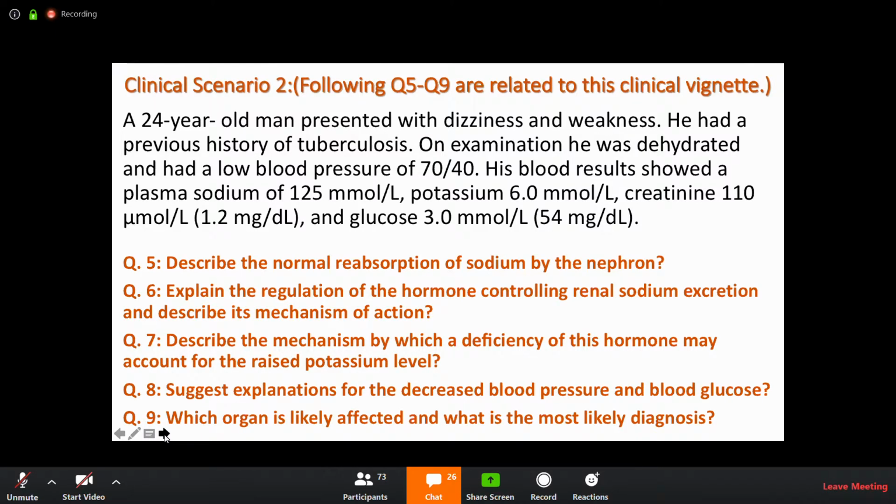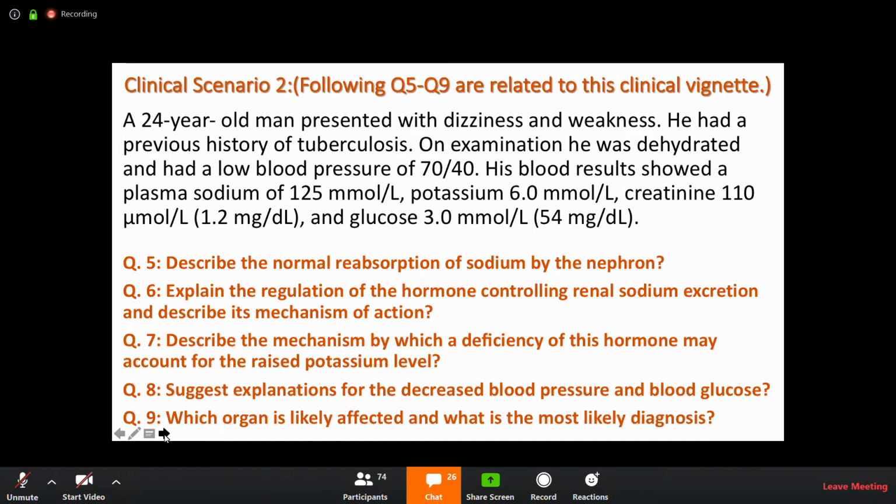In the proximal tubule, 70% of sodium is reabsorbed. The important thing here is that at the luminal site in the proximal tubule, sodium reabsorption is through a co-transport mechanism, and sodium is reabsorbed along with glucose, amino acids, phosphate, and lactate.